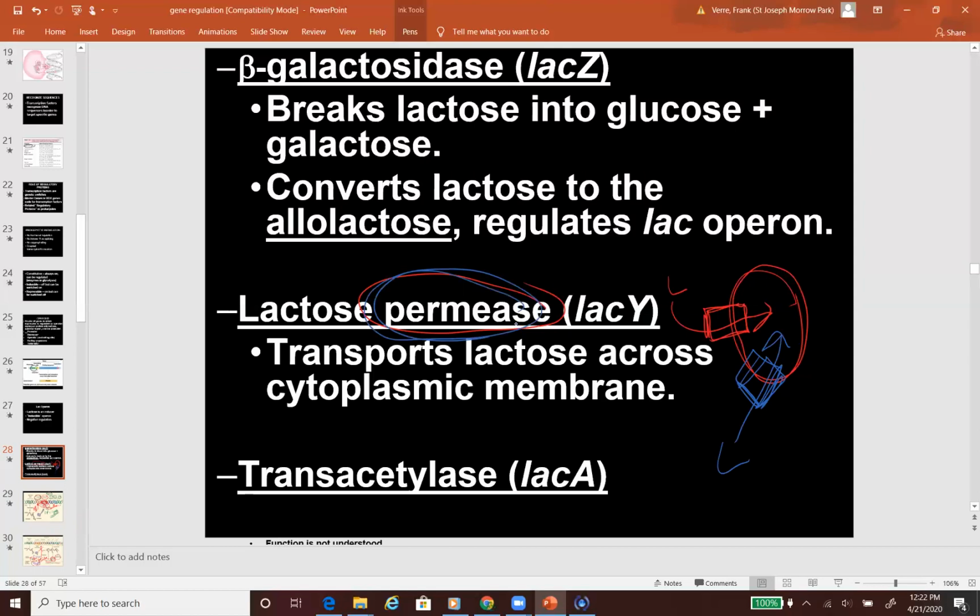More permease transporters are then made once the lactose enters. The reason why we make more transporters to bring in the lactose is because, I guess you could say, the cells are greedy, and the more doorways we can put in the cell membrane, the more lactose the cell can gain.